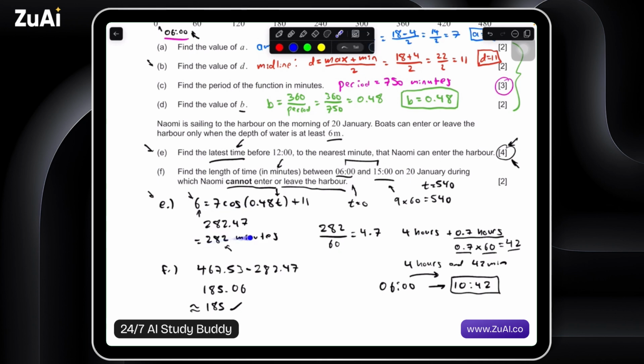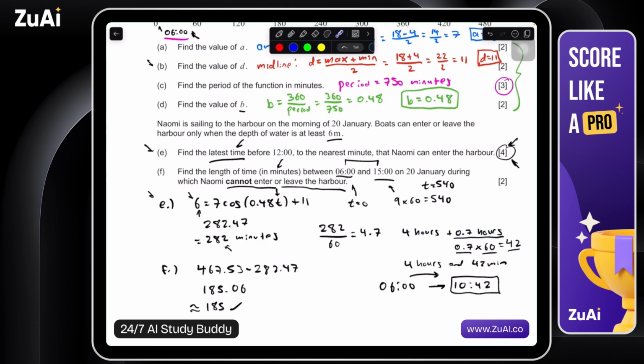So depth of water, find the intersection point. It occurs at 282 minutes, but we're asked for the latest time before 12. And so 282 minutes, how many hours does that correspond to? Divide by 60. It corresponds to 4.7 hours. 4.7 hours is 4 hours and, well, 0.7 hours. 0.7 hours is, again, we don't want hours, we want it in minutes, not 70 minutes or anything like that. 7/10 of an hour, 42 minutes. 4 hours, 42 minutes, and then add that on to our starting value.